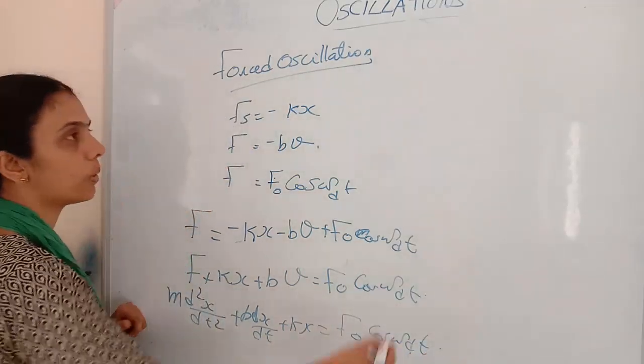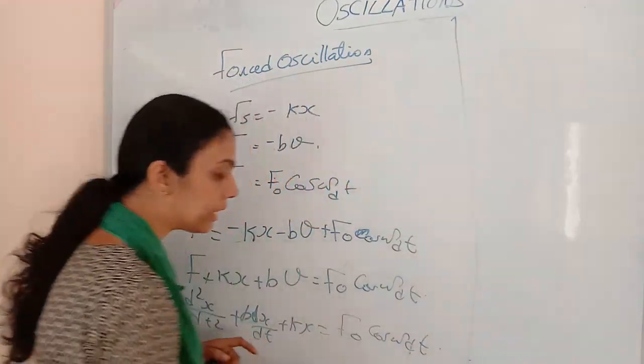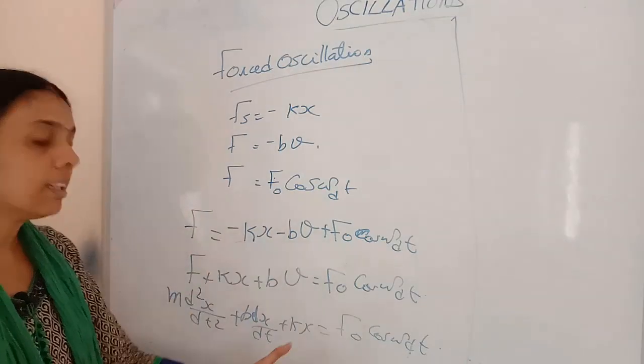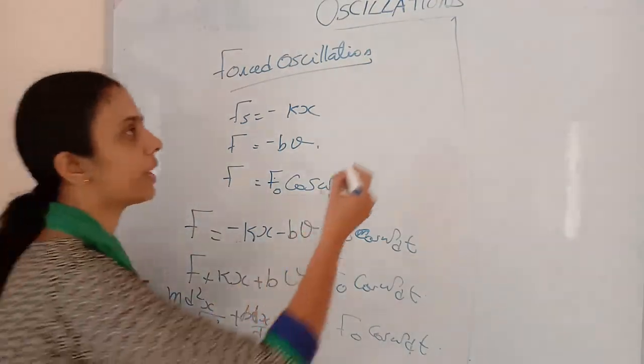So how will we get the x value here, including this driven frequency? Using that only, we will get the final equation for x of t.